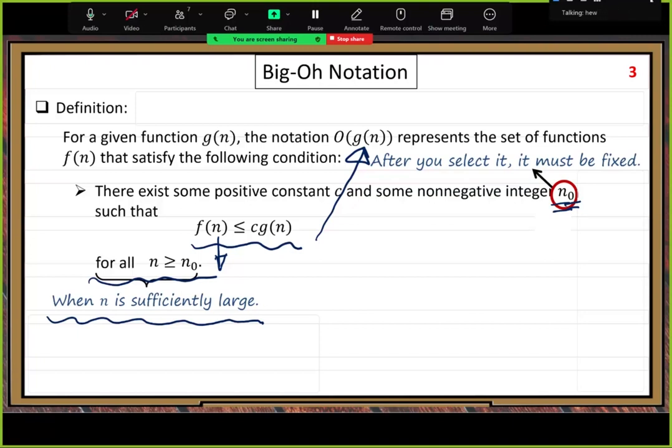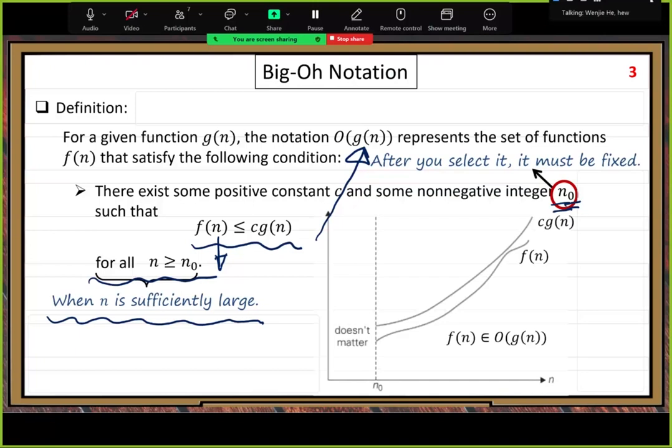From the description, you cannot see n0, but we use some vague way to mention that n0. So when n is sufficiently large, what do you mean? There is some hidden n0 there. If you can find this special n0, and when little n is greater than that n0, then the inequality holds. That's what we mean when n is sufficiently large.